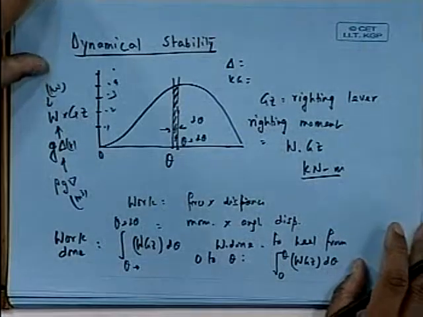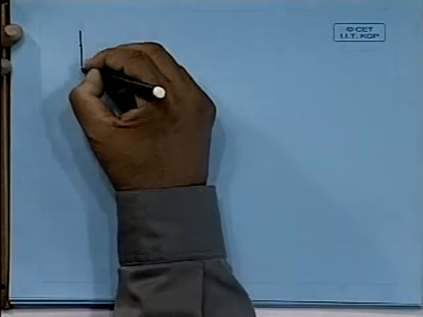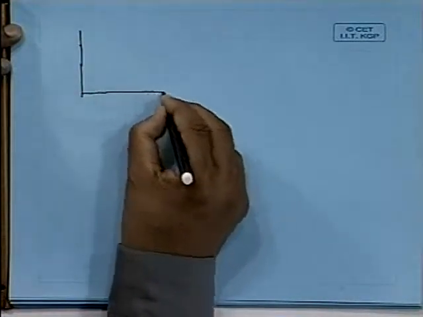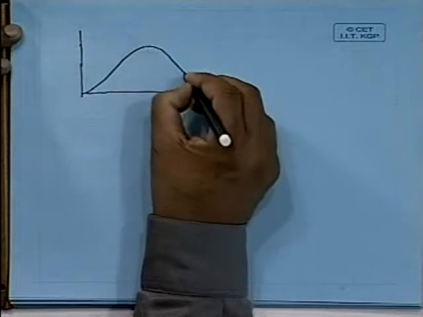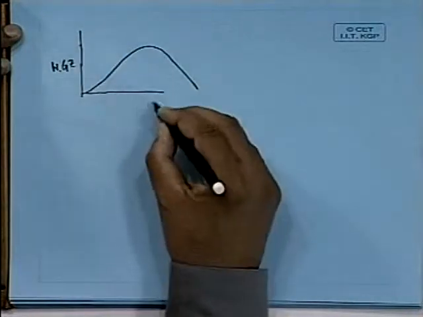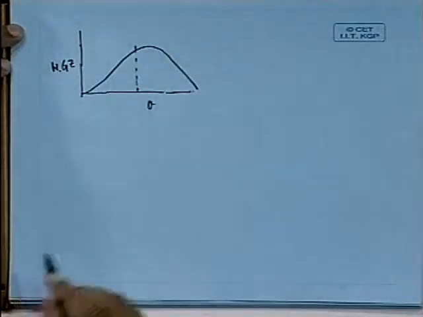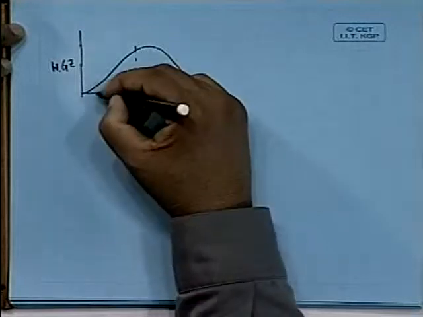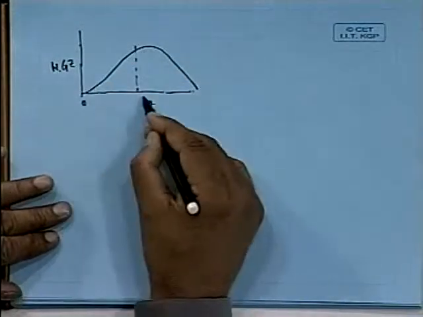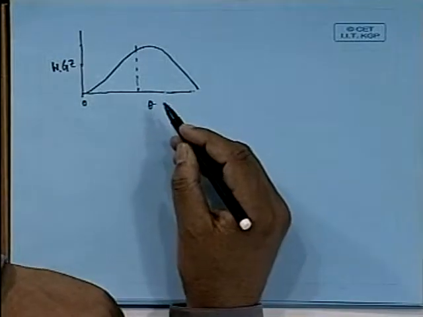So it will turn out therefore that if you want to do work up to any angle, then the work done, if you want to heel the ship from 0 to this any angle here, is the work that you have to do.